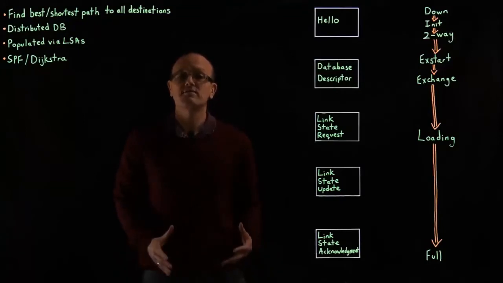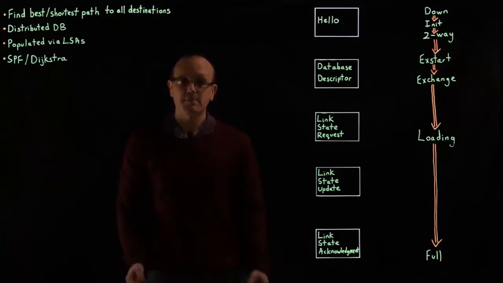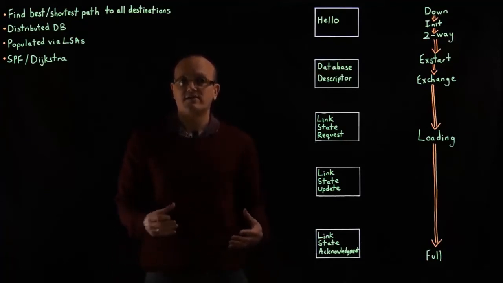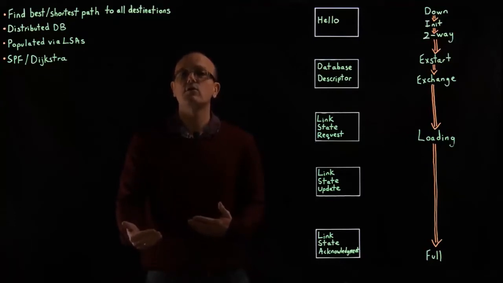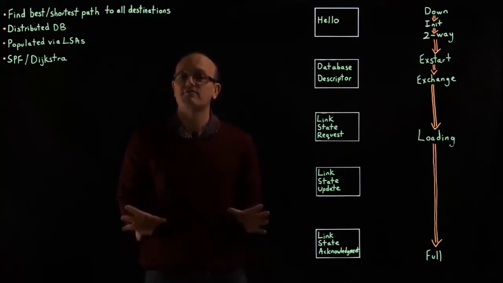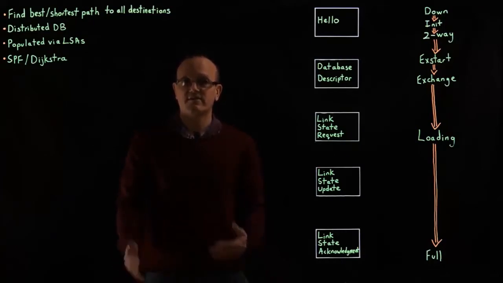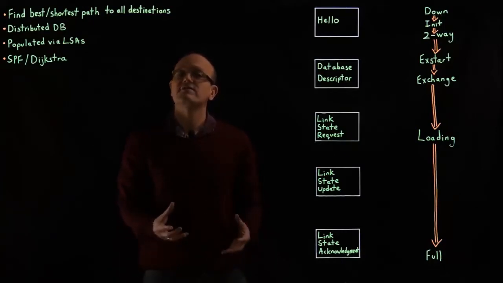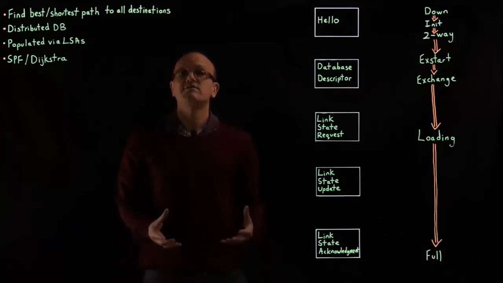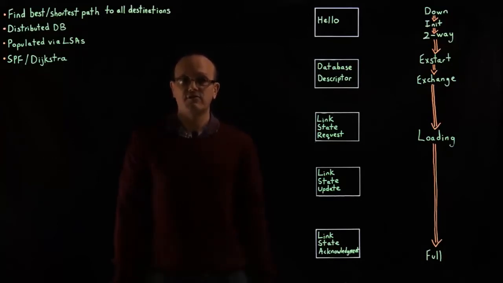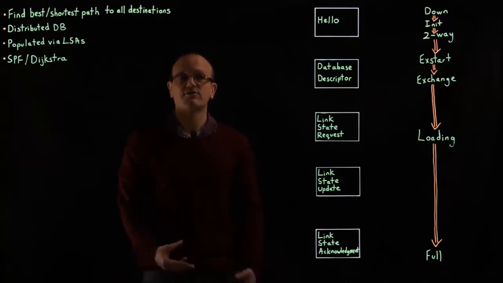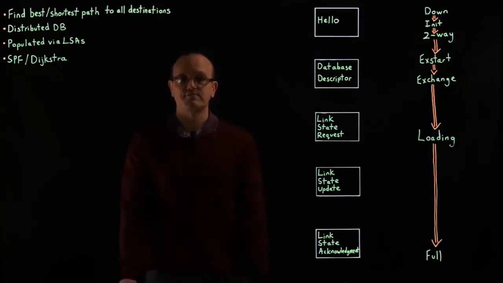So routers within an OSPF network send link state advertisements, send LSAs, and these LSAs are used to build local databases on every router that's speaking OSPF. And so this database then consists of the links that interconnect the different OSPF speaking routers and the destinations that can be found behind those OSPF speaking routers.